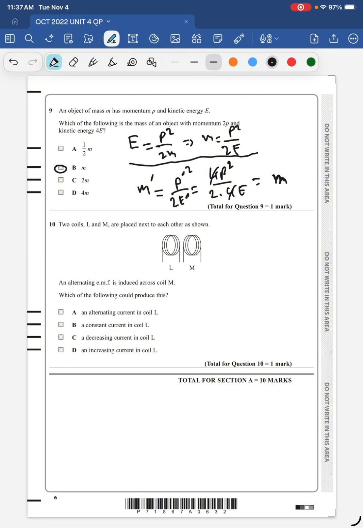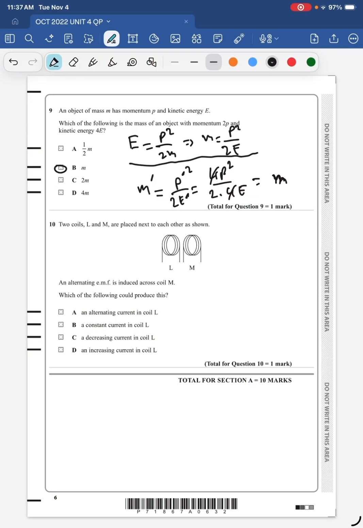So, two coils L and M are placed next to each other as shown. An alternating EMF is induced across coil M. Which of the following could produce this? Option A, an alternating current in coil L. Okay, let's think.